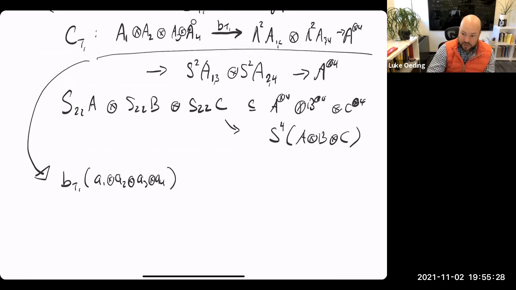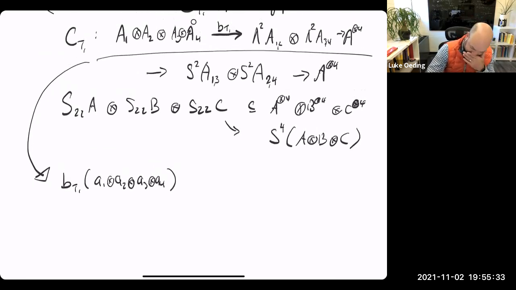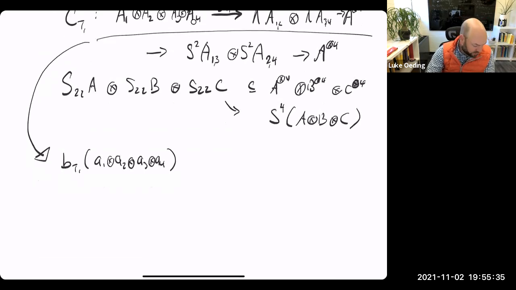If I tell you what it does to a basis, then you know what it does to everything. So here's a basis vector in A tensor to the fourth. And what it does is it writes, I'm going to add an extra index to each one of these, and it's going to be the determinant of A11, A22, A1. Let's see if I make sure I do this in the right order.